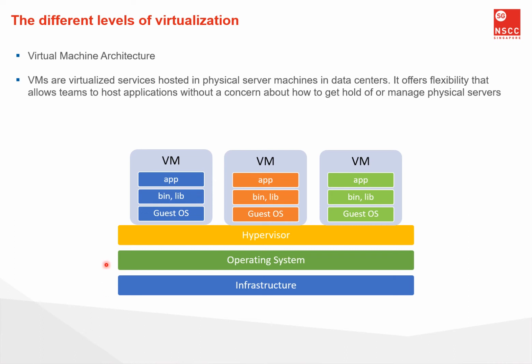And what we are creating are virtual machines that can host different kinds of software. It offers the flexibility that you can host the applications without concern about managing the physical server itself. This is done by the physical server administrator.